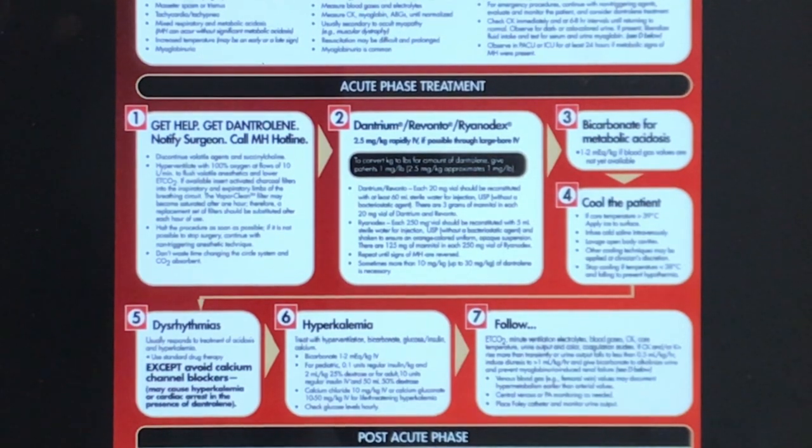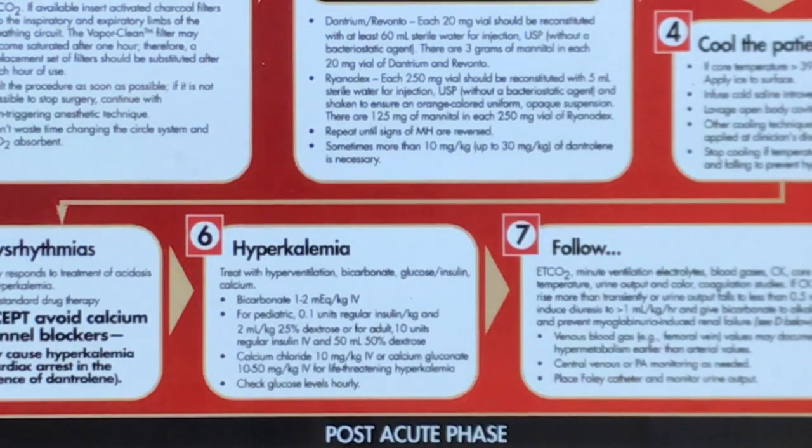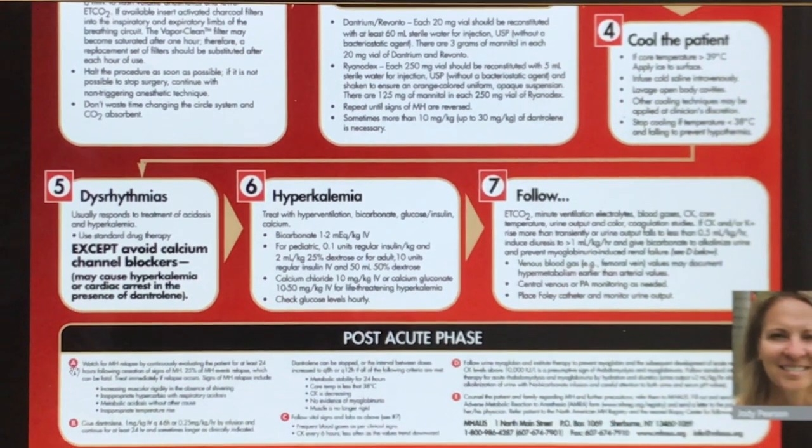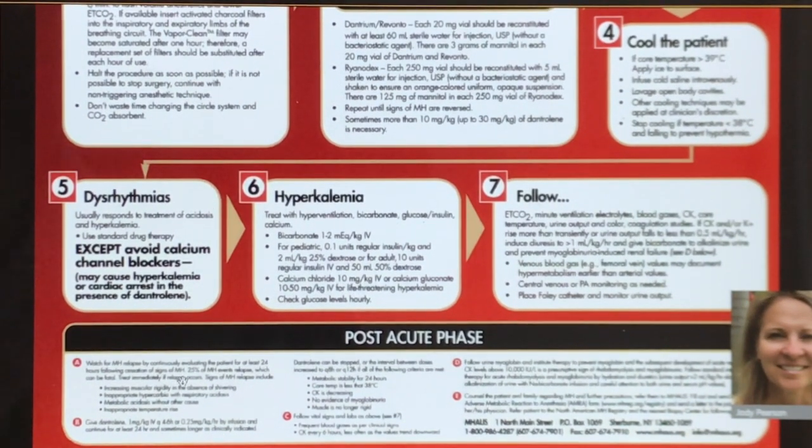The patient will have to stay in the ICU for at least 24 hours, because relapse can occur. And if you look at letter A, 25% of patients will relapse, and the signs and symptoms that we discussed can reappear.